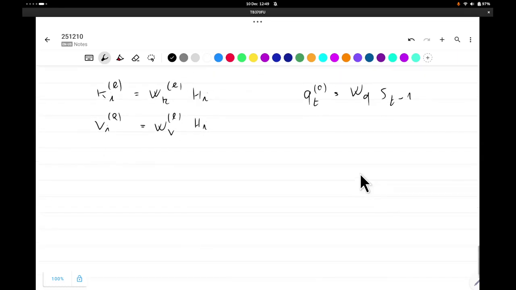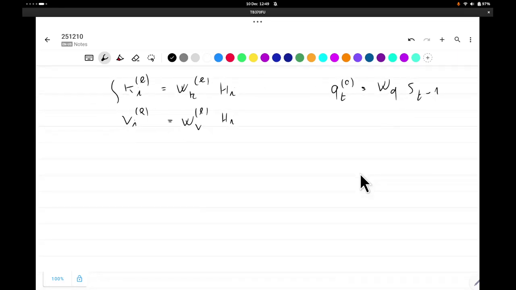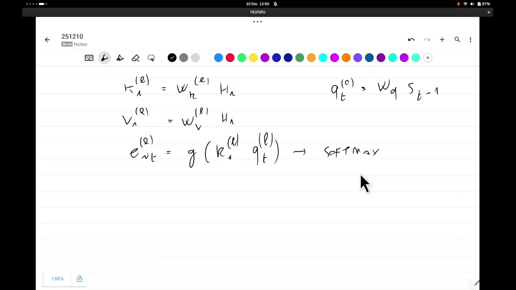And then I construct the intermediate weights by combining the K with the Q. Then I softmax, and I get the weights.